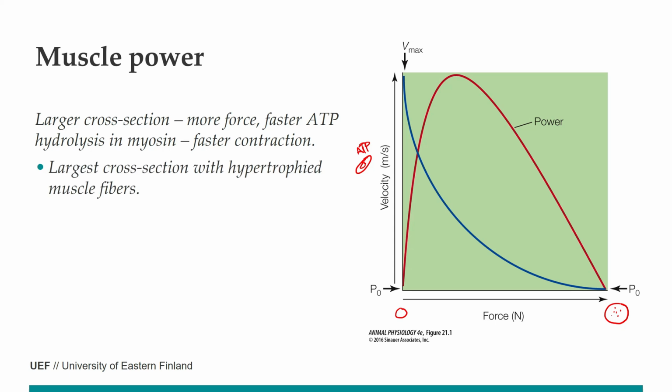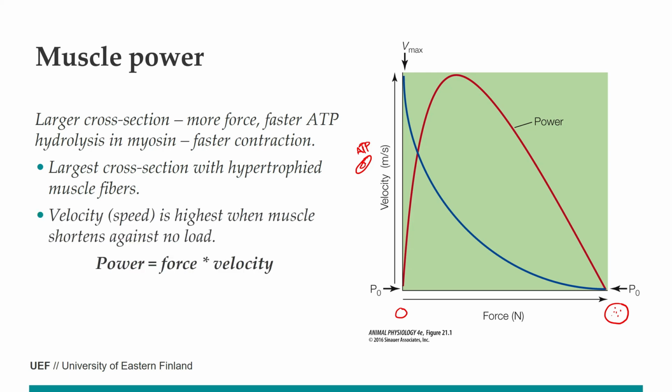And so the largest cross section is, well, if we have a very large cell, then we have the hypertrophy in the muscle fiber, and then we have as much force as possible. But at the same time, when we have minimal or zero load, so there is no load at all, then the velocity will be the highest.